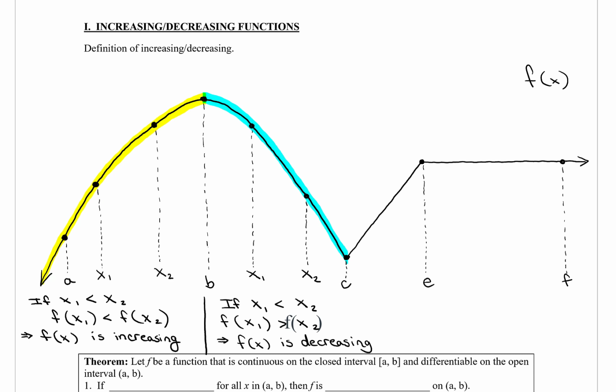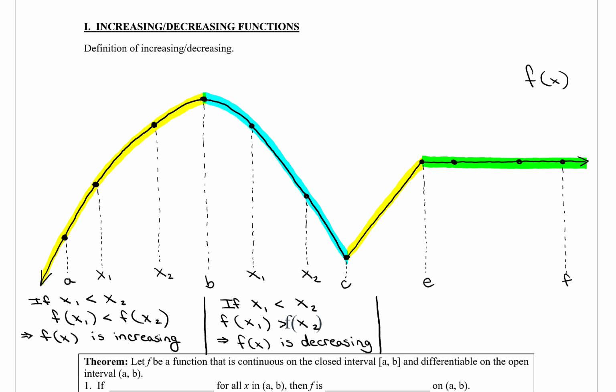I have drawn another vertical line segment to the right of what I just wrote to separate my definition for decreasing from the definition that I'm going to write on the right-hand side, which is going to represent the constant function. So I've gone ahead and I've highlighted in yellow the part from c to e that also represents an increasing function. And then I highlighted in green the interval from e to f.